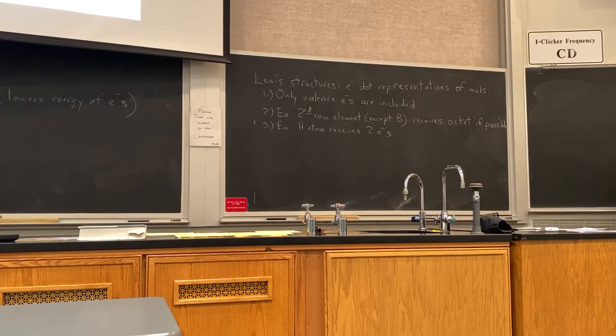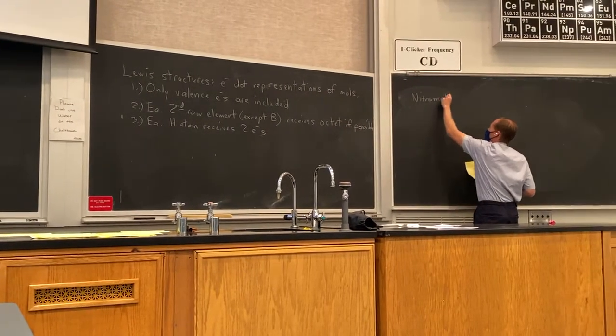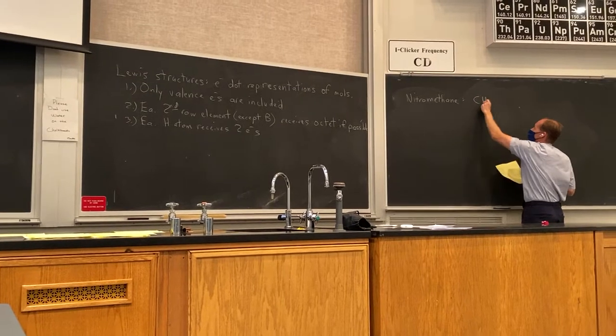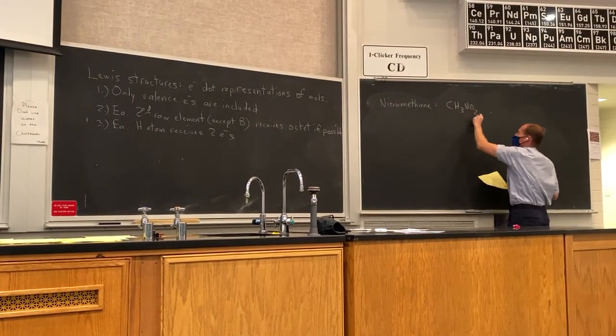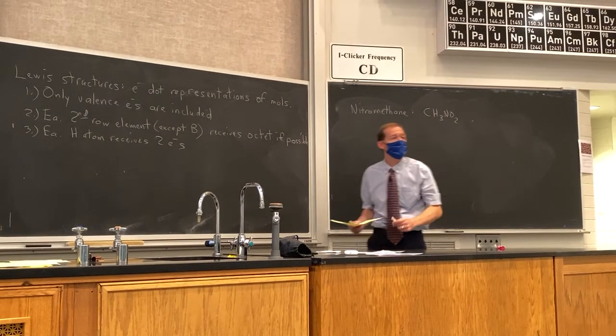Okay, so to draw Lewis structures, we need to remember these 3 points. We're going to go through an example of how to draw Lewis structures, and we're going to use a molecule called nitromethane as our example. Nitromethane has the molecular formula CH3NO2. Okay?